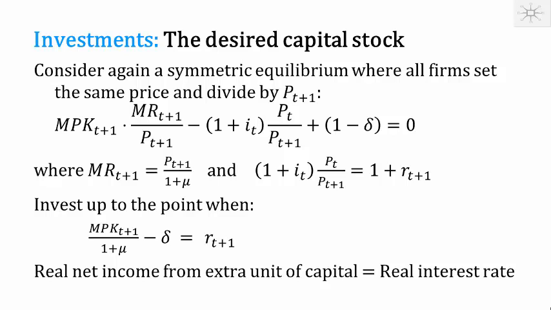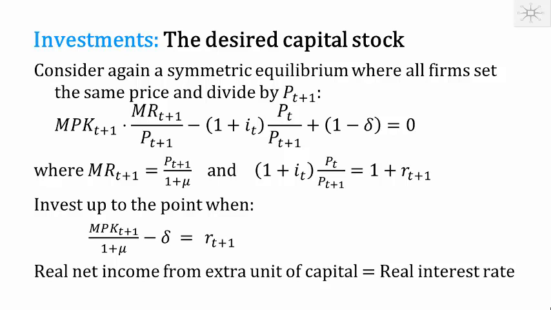And if we substitute in those expressions into this equation above, we get the condition for the profit maximizing level of investment. The firm should invest to the point where the marginal product of capital divided by 1 plus the markup minus depreciation equals the real interest rate.